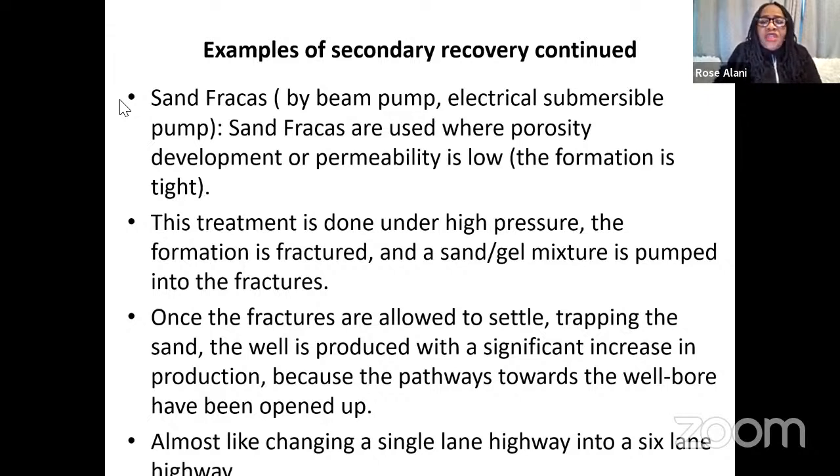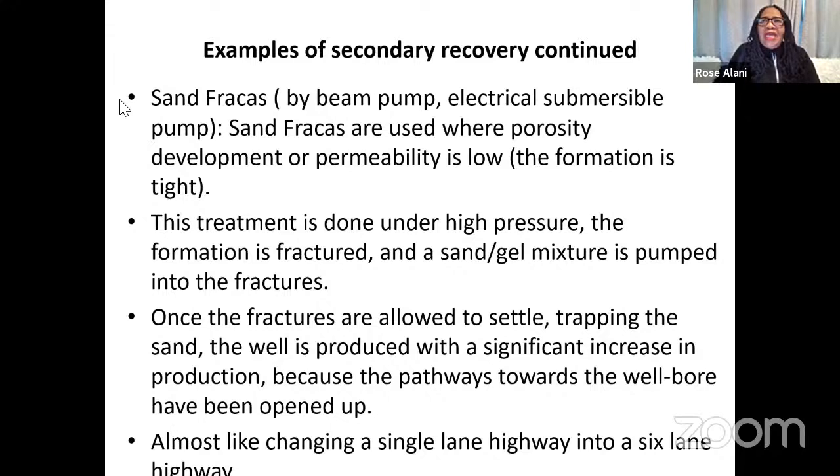So once the fracture is allowed to settle, trapping the sand, the well is produced with a significant increase in production. So the fracture is done, and then sand is trapped inside there.